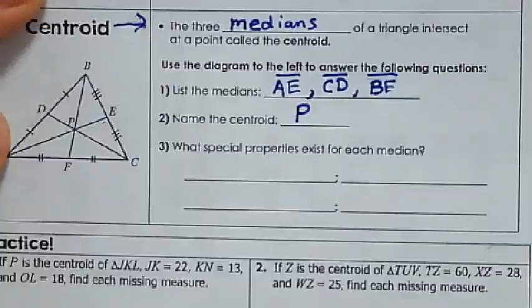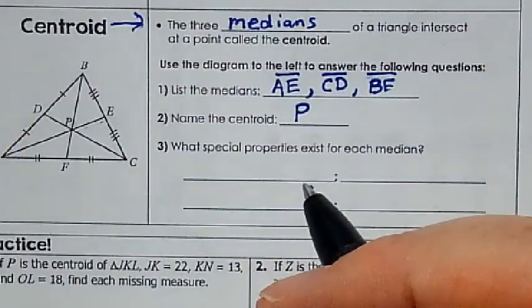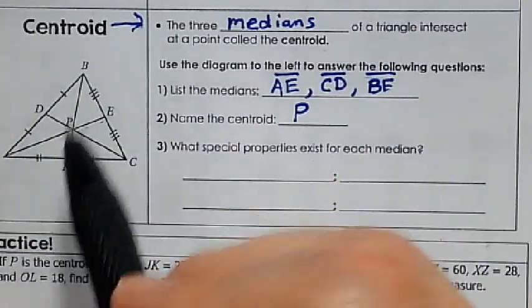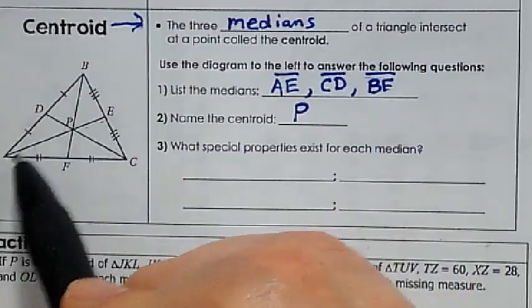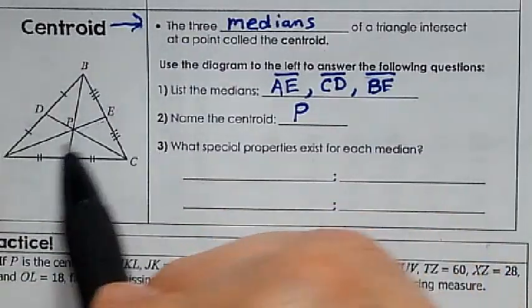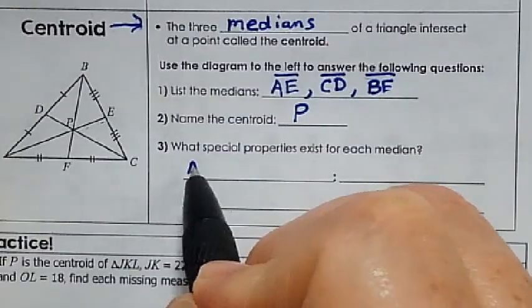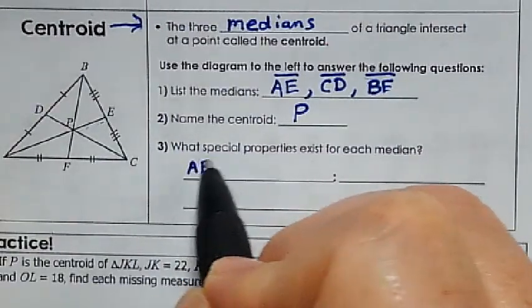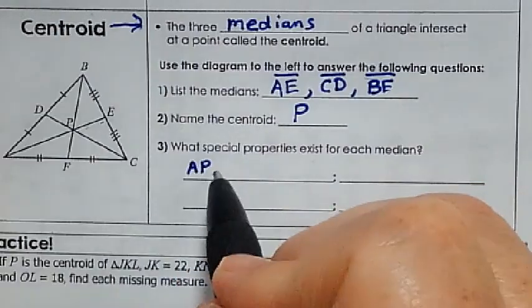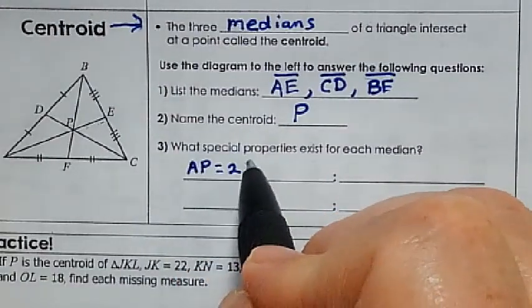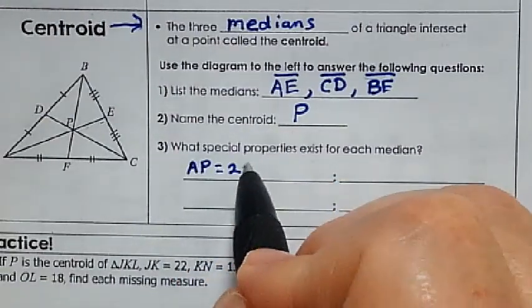Let's take a look at this first median, AE. All it's saying is that the long side, which is AP, and when you don't see anything above AP, it means the distance from A to P, that equals 2 times the distance from P to E. Remember, the long side is twice the short side.